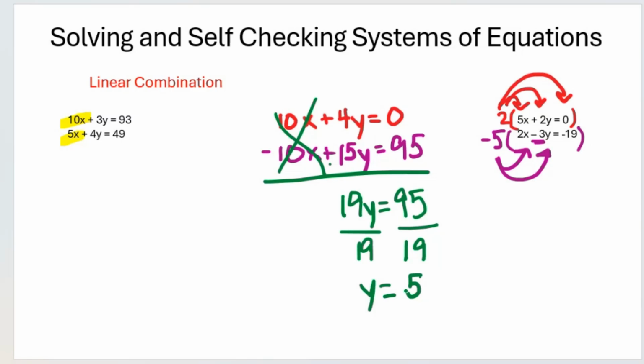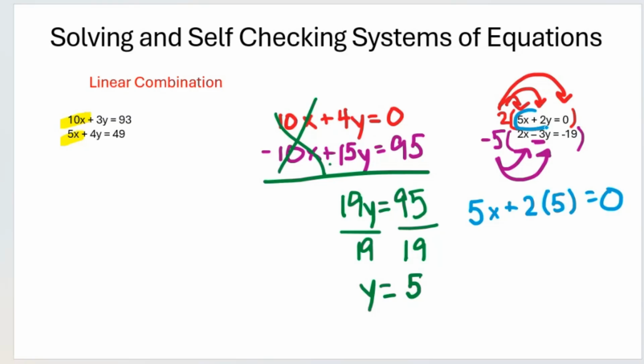And just like we did before, once you find one of the variables, you're going to go back and substitute it in to get the second variable. You could use either of the equations. I'm just going to use the top one. So 5x plus 2 times 5 equals 0.